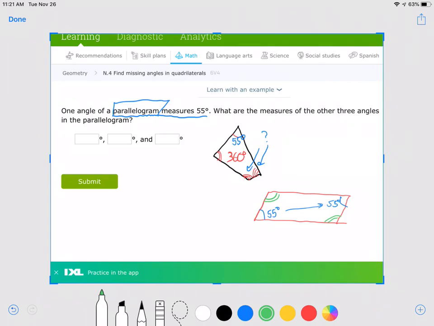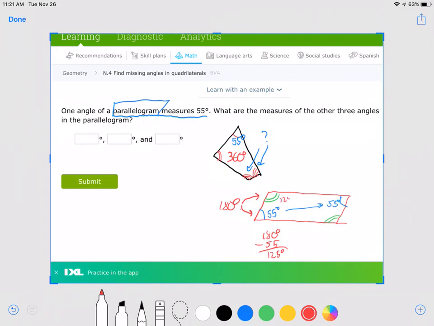So what that means is that if you take these two angles that are actually right next to each other, as opposed to opposite, they have to add up to 180. So if you want to figure out the green colored angle, you would do 180 minus 55, which is 125 degrees.